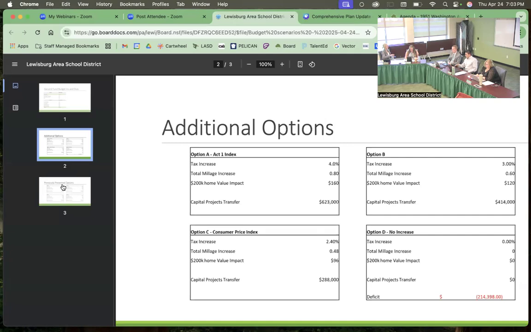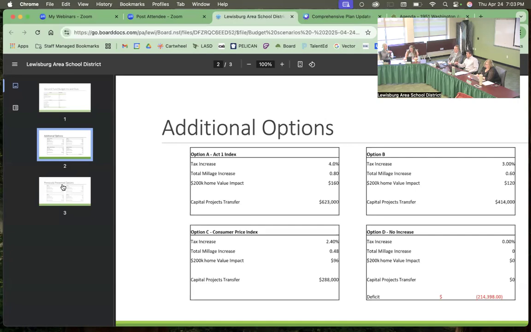And then option B, we have a flat 3% increase. That would be a 414,000 transfer. You'll notice it's about 209,000 per 1% change. That's one way to think about it. There was a desire to see the consumer price index.